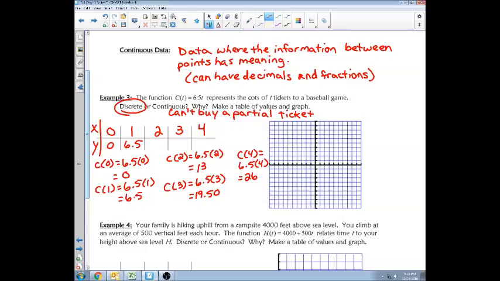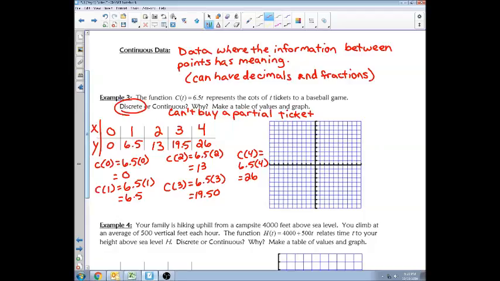Now, you're going to say, well, I didn't think I could have a decimal or a fraction. You can have a decimal and a fraction in this problem or in the y values only. I cannot have it in the x values, so I can't have 1.5 tickets. I hope that makes sense to you. I can't have 1.5 tickets. So in my y values, these points can, in fact, be decimals, but my x values cannot, because those are my independent variables.